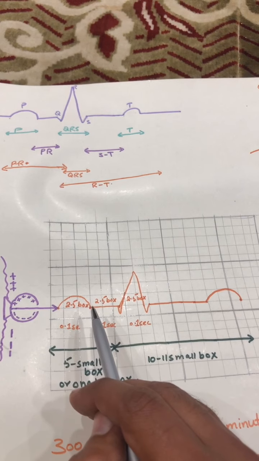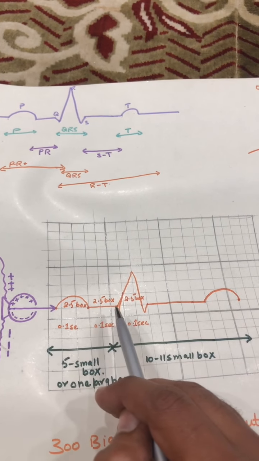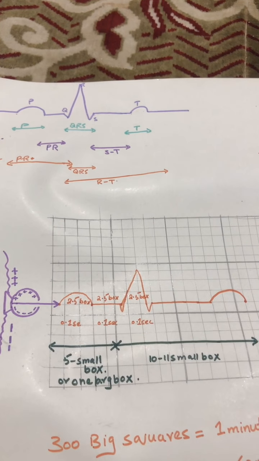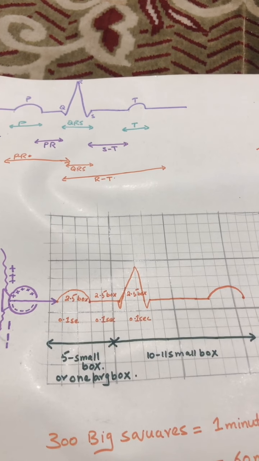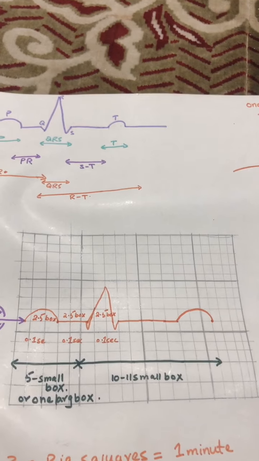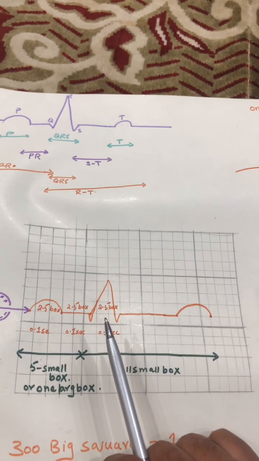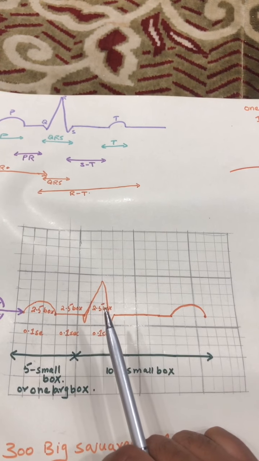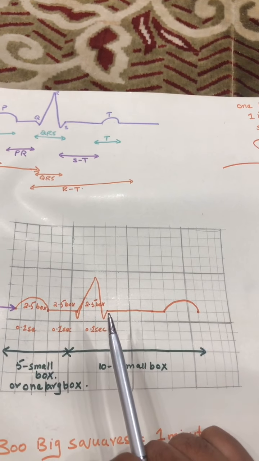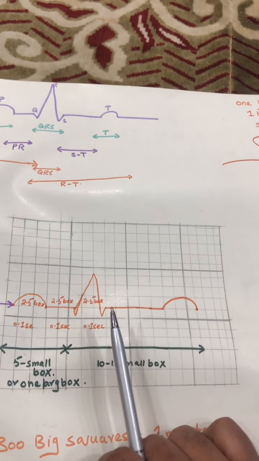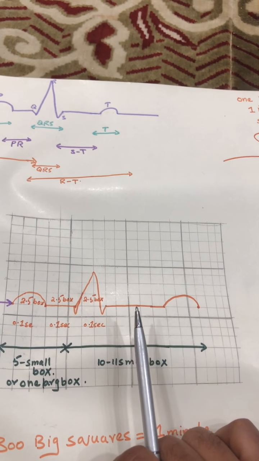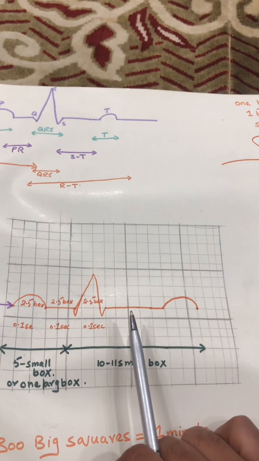Then after that the isoelectric line starts, and that is also equal to 2.5 small boxes. Then the QRS complex, and the QRS complex is also equal to 2.5 small boxes. After that there is an isoelectric line that is known as the ST segment, and it is also equal to 2.5 small boxes.